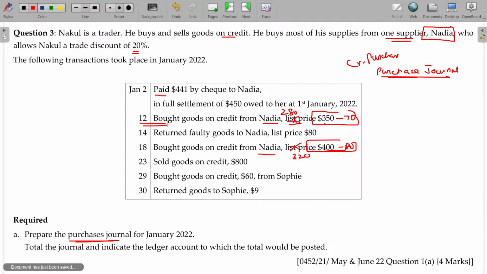Bought goods on 12th Jan, the year being 2022. We purchased from Nadia, the amount payable being 280. And again, bought goods on credit from Nadia on 18th Jan, Nadia, the value being 320.